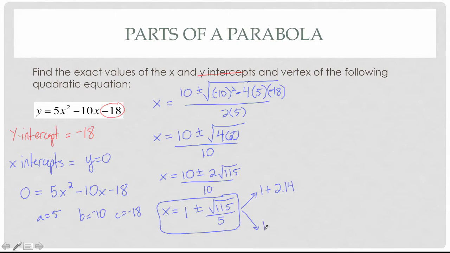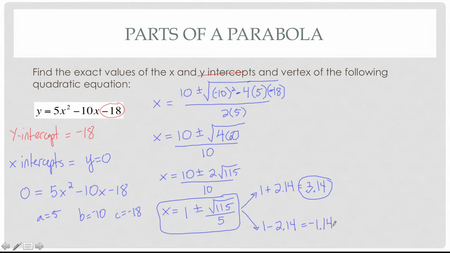The other solution is 1 minus 2.14 if I approximate it. And those are going to be 3.14, or, let's see, 1 minus 2.14, negative 1.14.